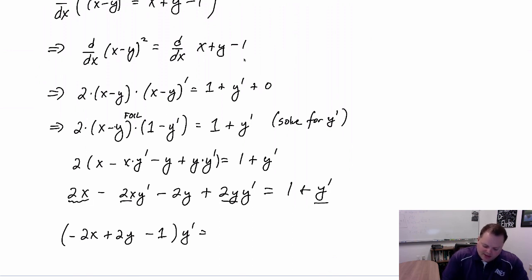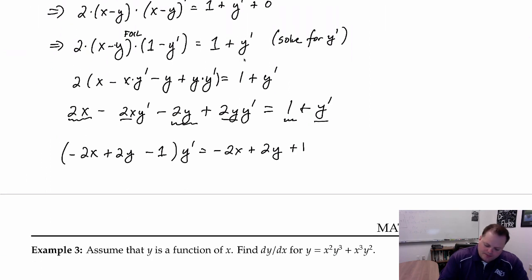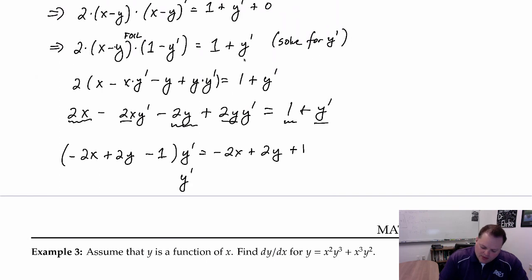I've got a 2x here, which would be negative 2x when I subtract it over. I've got a minus 2y here, which would be plus 2y. And I've got the 1, which was already over here. So y prime then would be negative 2x plus 2y plus 1 divided by negative 2x plus 2y minus 1.